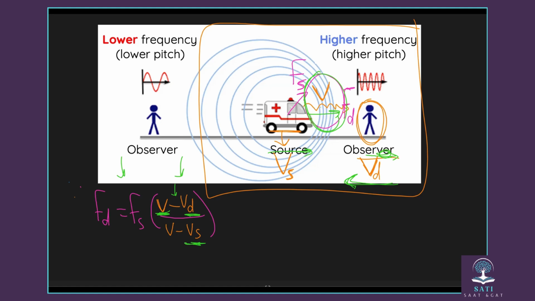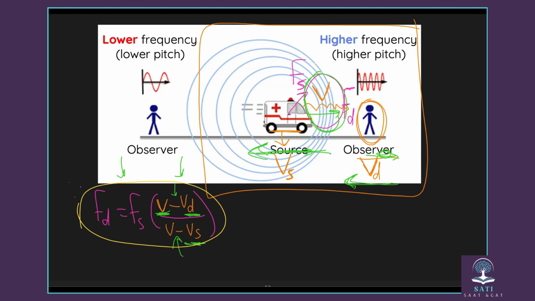But if it is in the opposite direction to the sound velocity, then you need to change the negative here to positive. So again, you need to memorize this formula as it is, with minus in the denominator and the numerator.